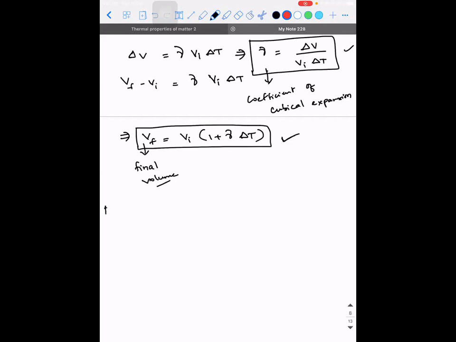Then what will be the definition of gamma? Ratio of increase in volume to the product of what?